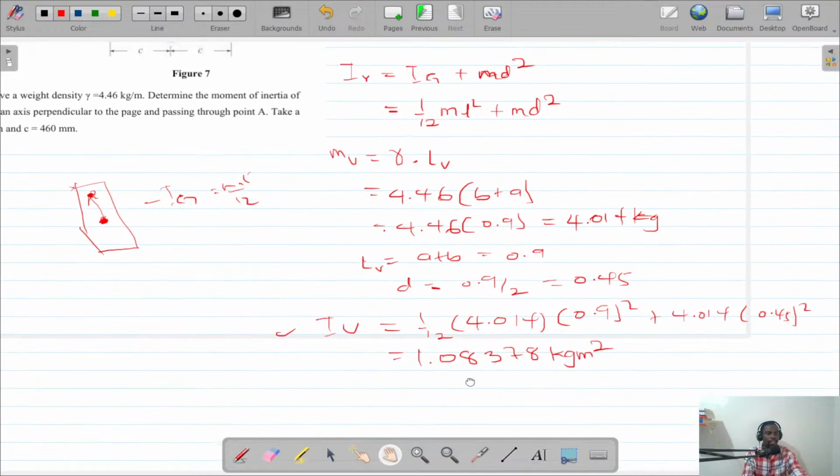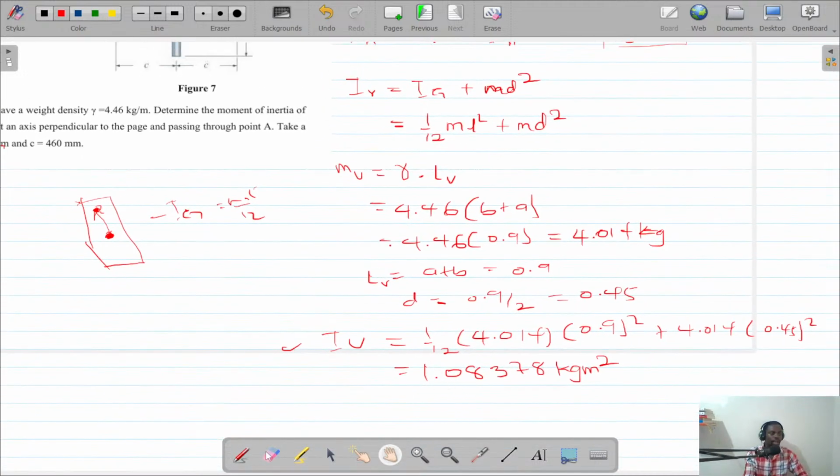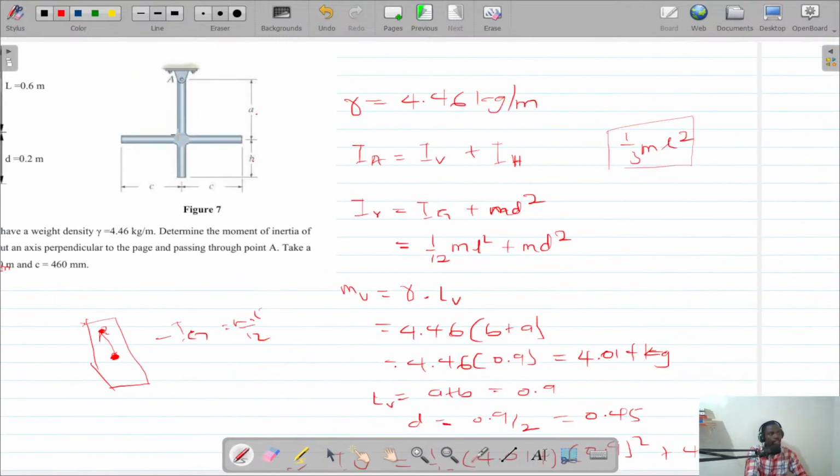All right, so for the horizontal rod, the rotation about its center will still be 1/12 ML squared, and the distance from here to here will be that. See, the reason why I advise you not to use the 1/3 ML squared formula is what we are having here.